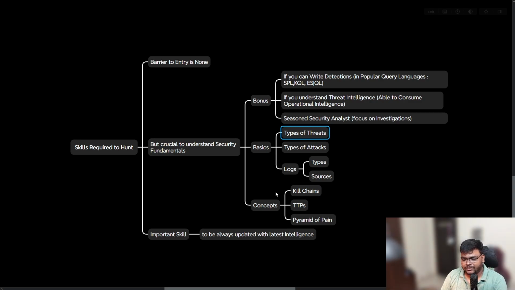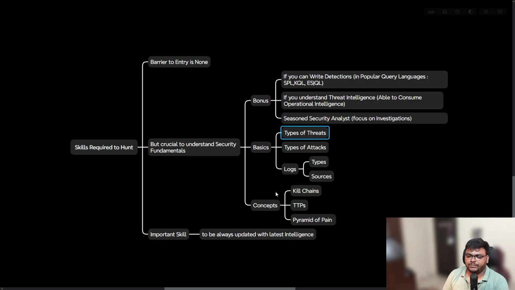Another important skill in this domain, be it threat hunter, be it SOC analyst, be it security engineer, is to be updated with the latest intelligence and incidents that are happening in and around you, so that you are well versed with what's relevant, what the situational awareness is all about, and how to actually process new information. If you're not updated with the latest intelligence, you're lagging a lot behind what's happening in the landscape, right?